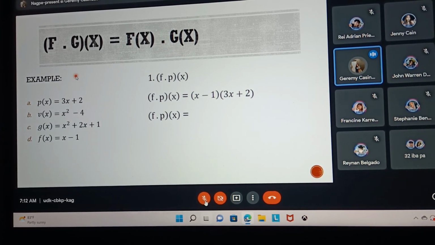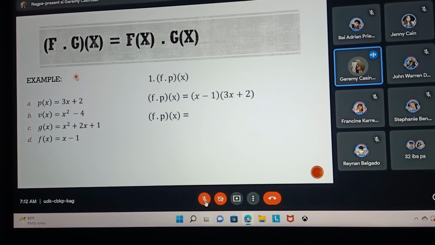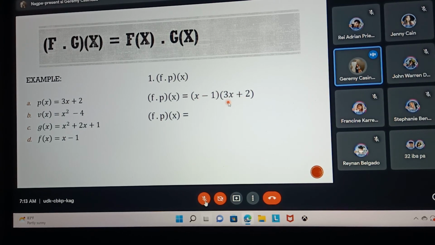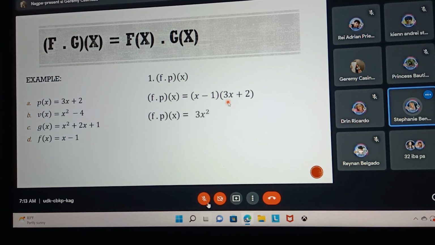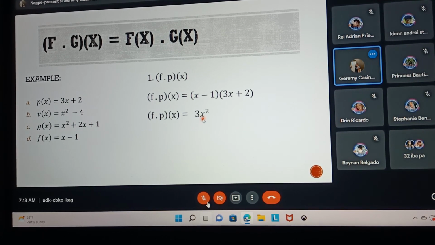Okay, so what is our first term sa FOIL method? That is between x and what? 3x po. Okay? So x times 3x. 3x squared po. That's correct. So again, ma-apply natin dito yung law of exponent. Tama?